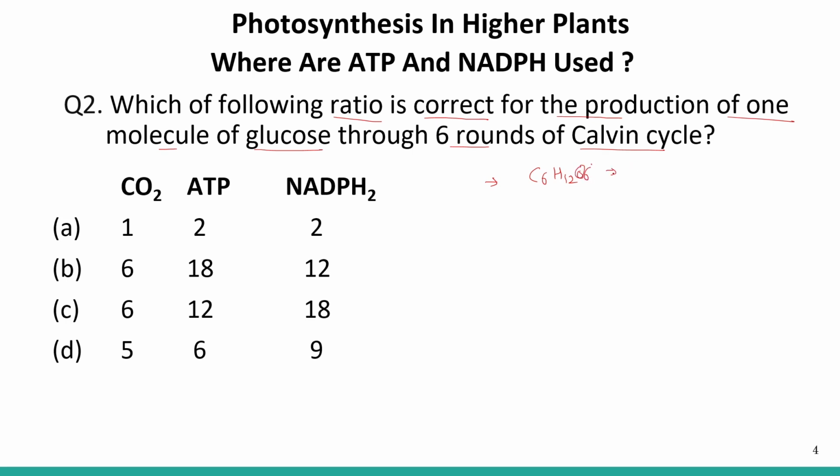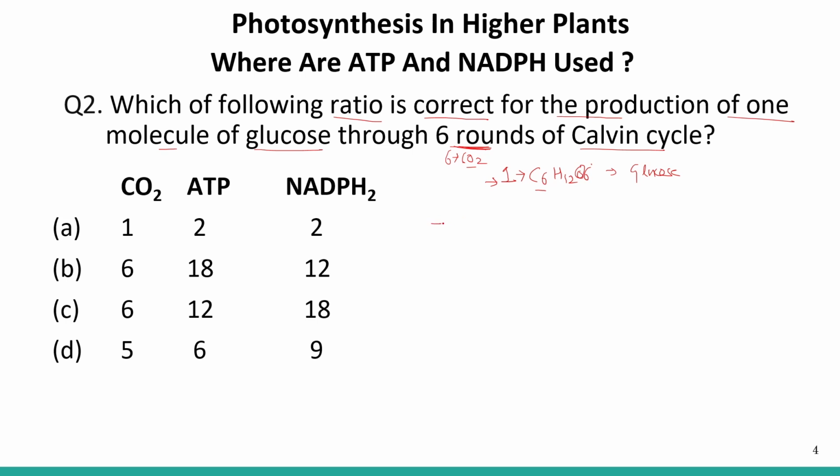This is glucose, which means it contains 6 carbon. And 6 rounds of Kelvin cycle are required to produce 1 molecule of glucose, or you can say 6 carbon dioxide have to be fixed, or carbon dioxide had to be fixed 6 times.